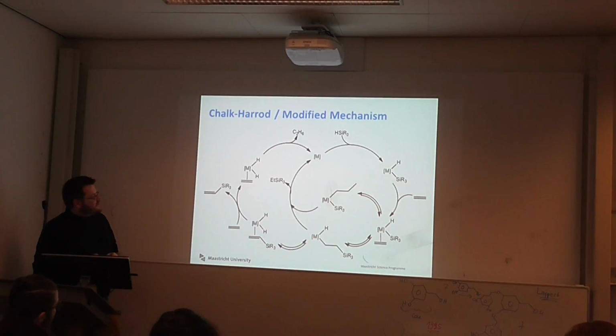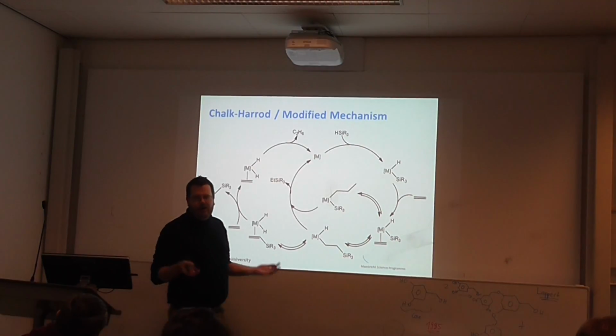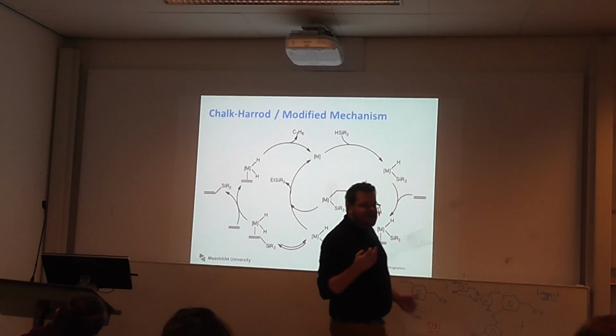I don't think that we should really discuss this at this time. I'm really just interested in the Chalk-Harrod mechanism. But one can look over this and you can actually see that it's possible to obtain other products using this competitive pathway over here.